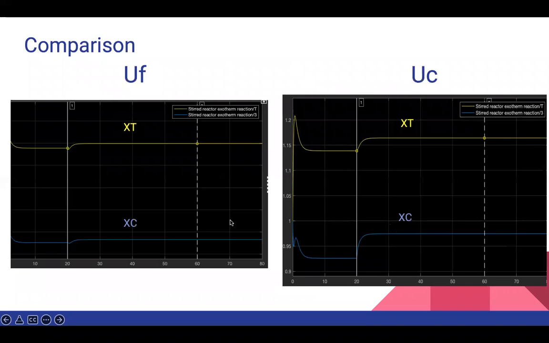Making a comparison between the two cases, which are quite similar, we can say that if we increase UC by 20%, the output variables are going to behave more like a first order response, because they are going to act faster, as we can see here. And they are not going to present a little decrease that is shown here.